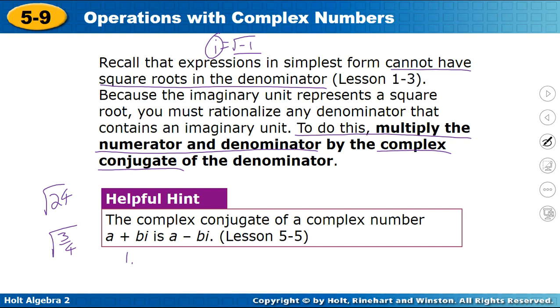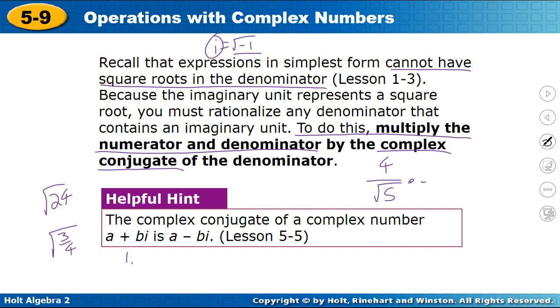If you remember back when we first dealt with having a radical in the denominator, we had a problem something like 4 over the square root of 5. The problem is we have a square root in the denominator. At that time, what we did to simplify it was we multiplied it by 1, but a version of 1 that would create a perfect square in the denominator.